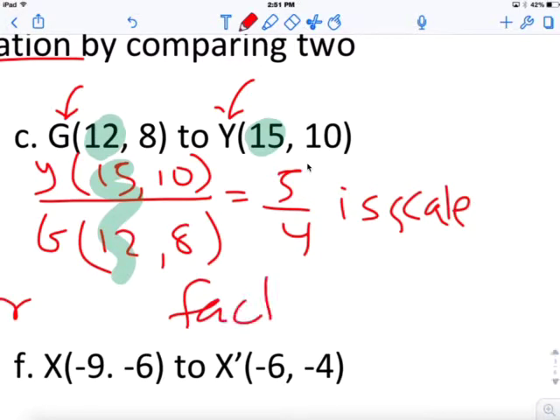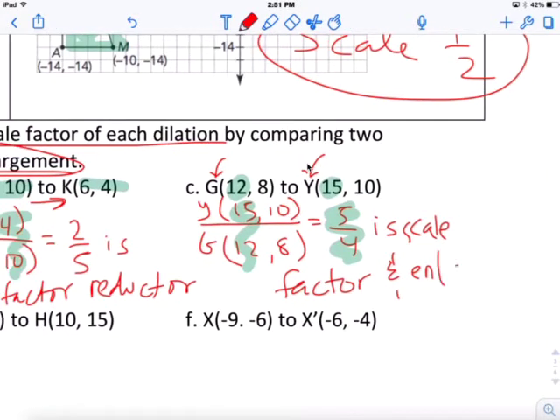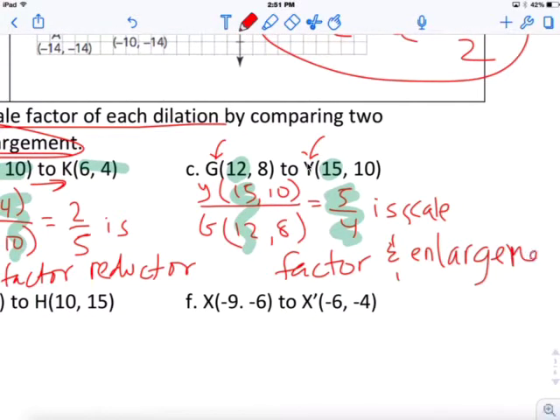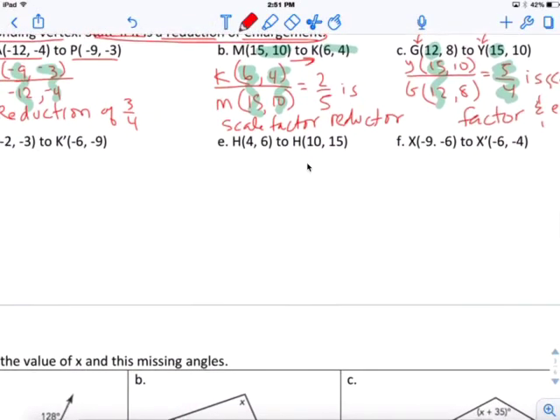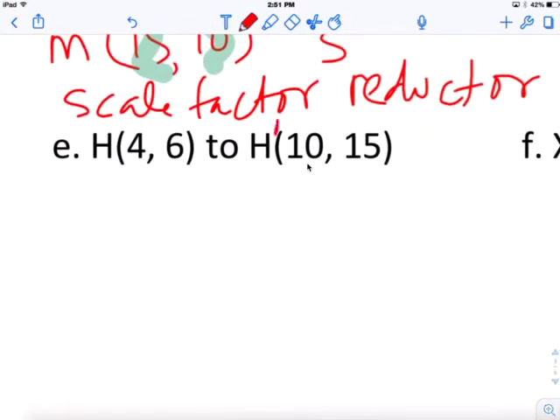That is greater than 1. It's 1.5. It's an enlargement. Okay, you finish the rest. You can ask questions at school. Oh, I forgot to put prime here.